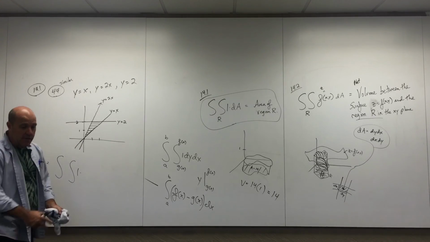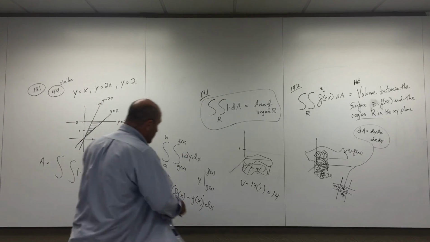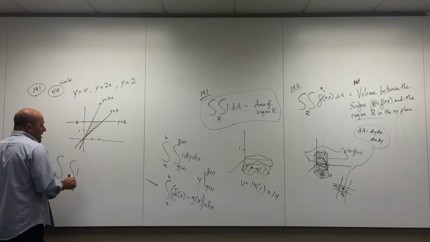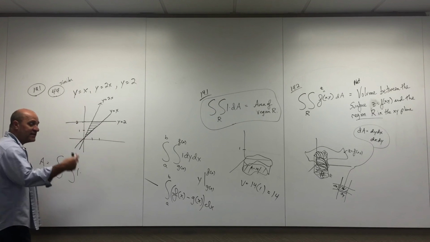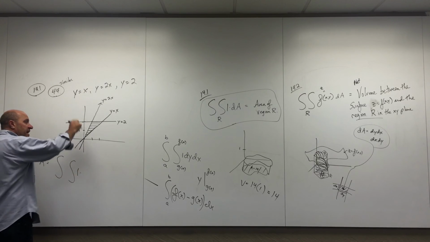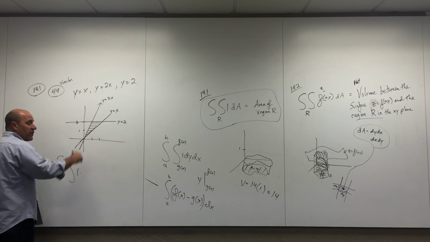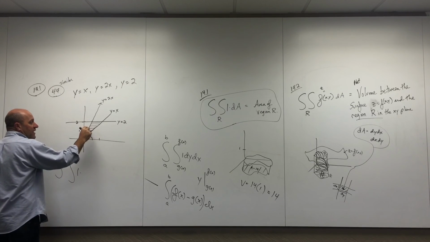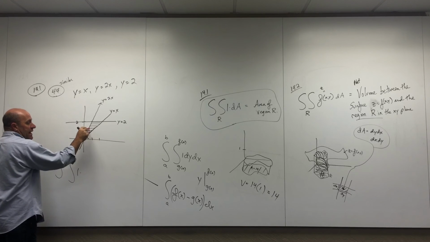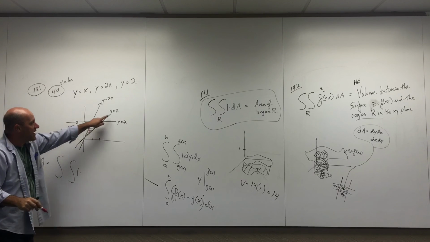You know, there's good choices here. I really like to do dy dx, the way I like to integrate y first. But then that means I'm working top to bottom first. There's an issue here. If I integrate y first, I've got a lower y and an upper y. I think the lower y would be y equals x.